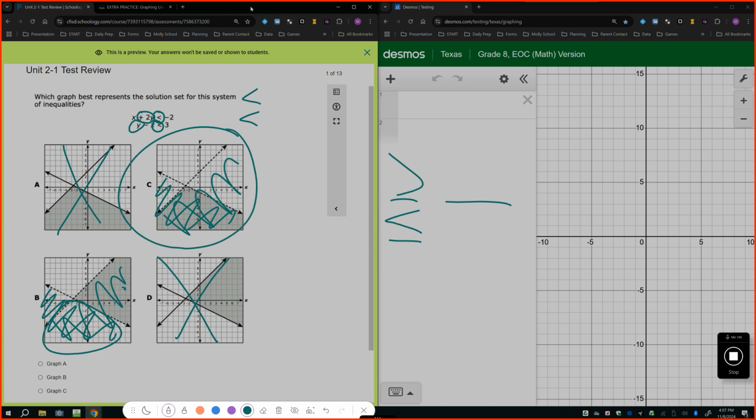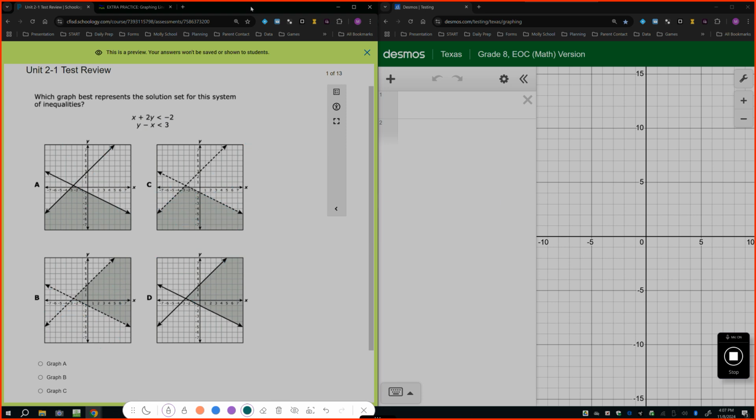Okay, now let's pretend that it wasn't that cut and dry, and I needed to know which equation was which. Well, in that case, I could use the cover-up method. I could say, okay, x equals negative 2, 2y equals negative 2.